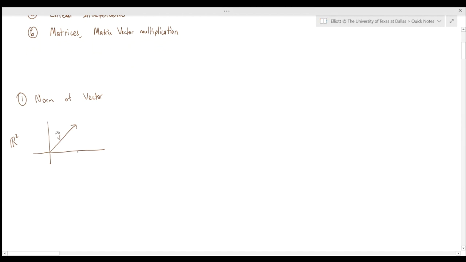If you want to compute the length of this vector, let's say it has components x and y. The norm or the length, which we denote with a double bar absolute value notation, the norm of v would be equal to the square root of x squared plus y squared, and that's coming from the Pythagorean theorem. So we know that x squared plus y squared would be the length of v squared, and then I just square root it to get the length of v.